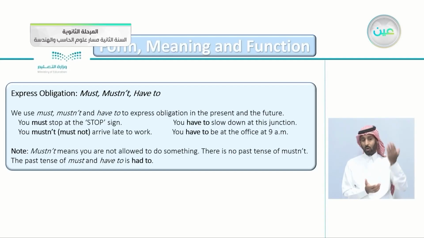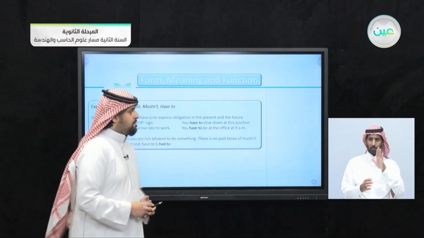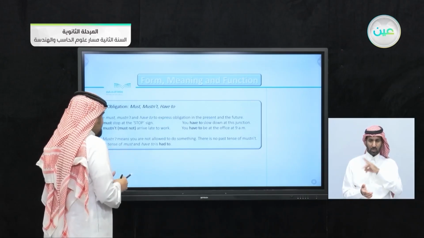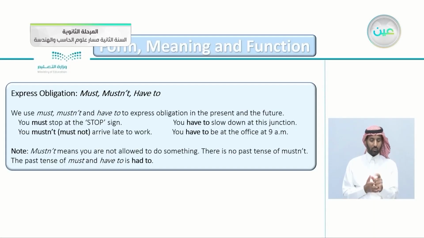For example, here, you must stop at the stop sign. Of course, when you see a stop sign in the street, you must stop. You mustn't, or must not, arrive late at work. Mustn't here is the short version of must not. Next example here, you have to slow down at this junction.